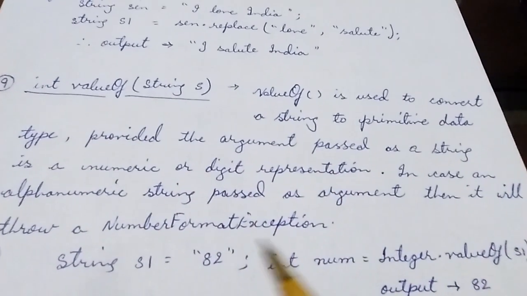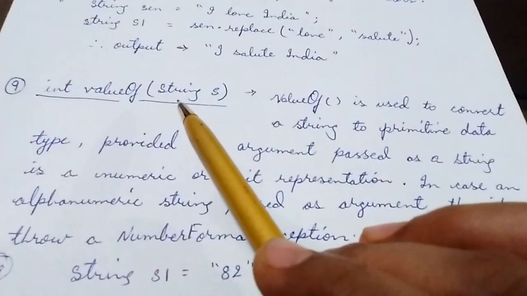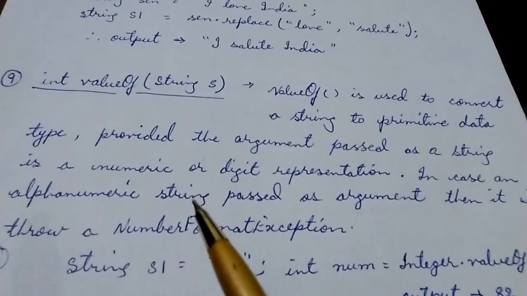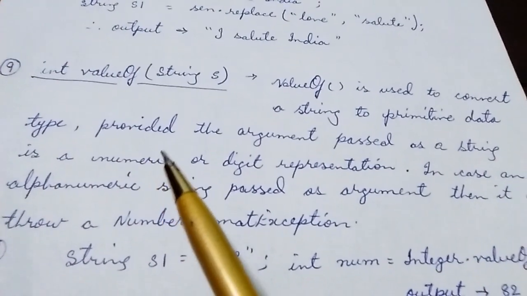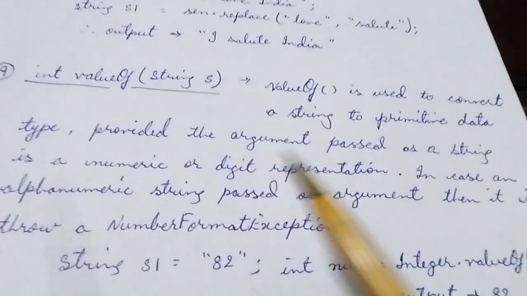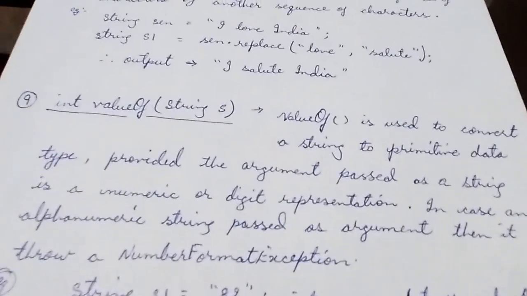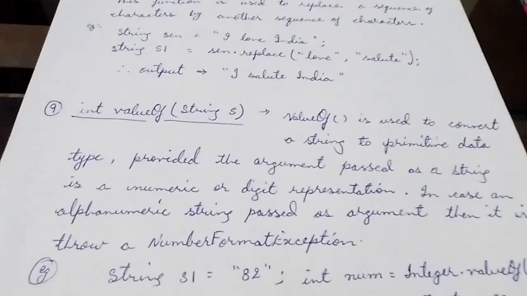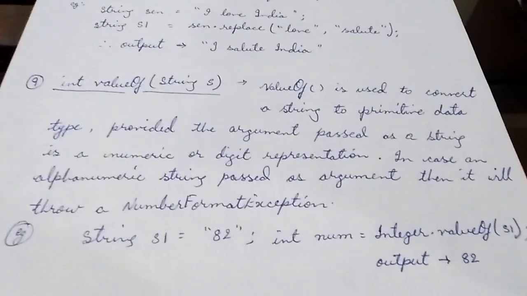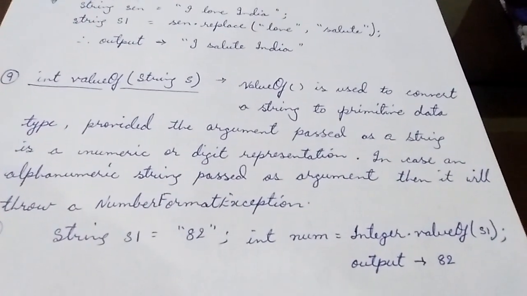Like what we are trying to convert is supposed to be a numeric number in string form or a digit in string form. In case an alphanumeric string is present as an argument, then it will throw a number format exception.